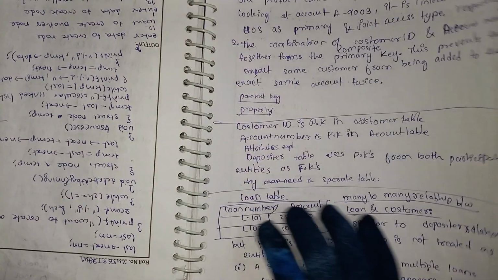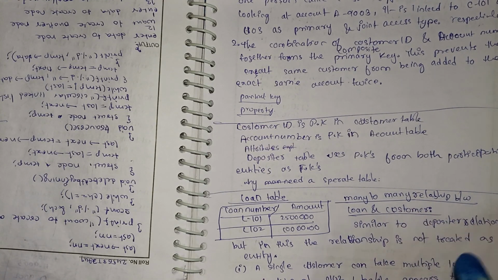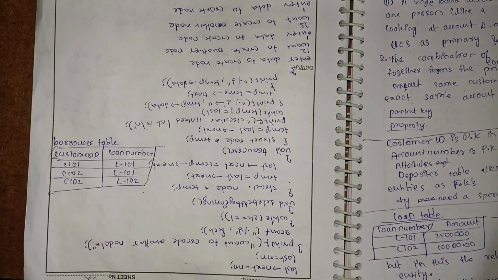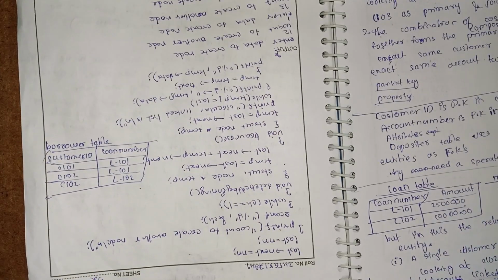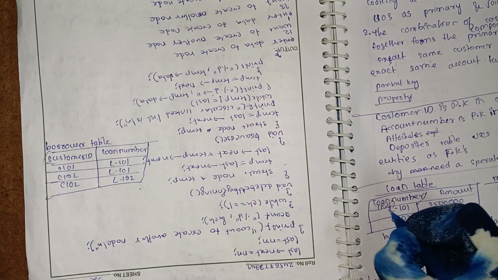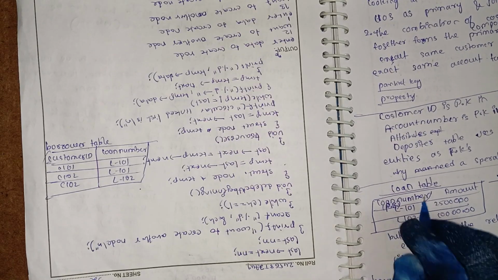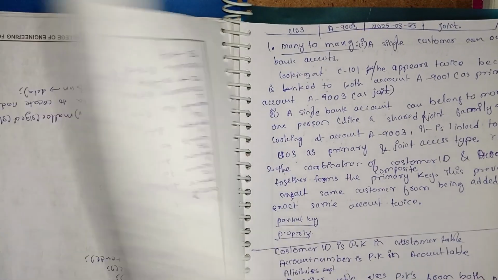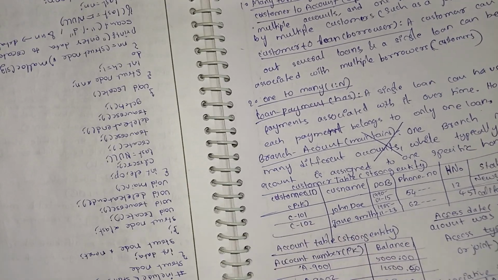Here we have established the many to many relationship between loan and customer by using a separate table. In the loan table, loan number is a primary key, and in the customer table, customer ID is a primary key.